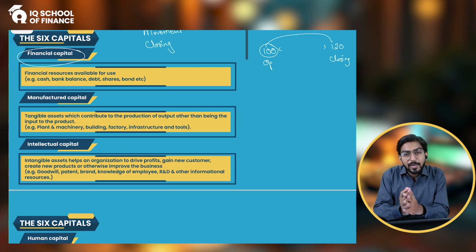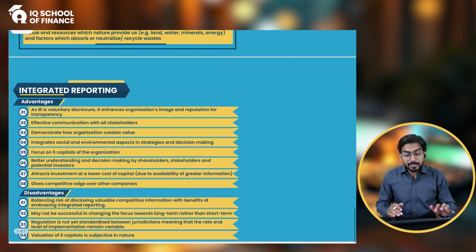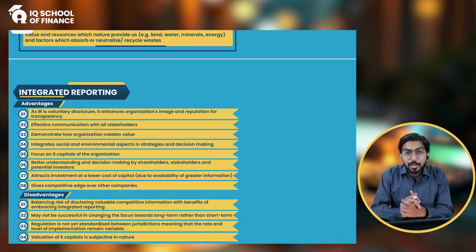It involves so many assumptions, estimates, and judgments, which creates difficulty in determining their value and disclosing it, because if you are disclosing something you have to make sure that it is accurate and complete, and that is going to create a challenge for you. So these are the advantages and disadvantages of integrated reporting.